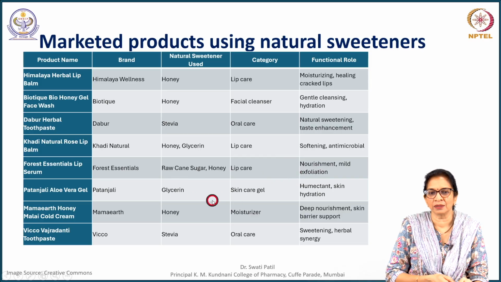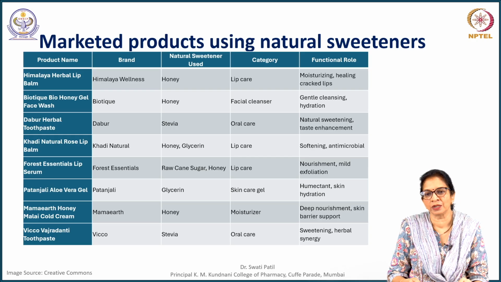Patanjali uses glycerine and is used in skin care gel products which helps in skin hydration and as humectants. Mama Earth, which is also known for its natural products, uses honey as moisturizer, which helps in deep nourishment and skin barrier support.